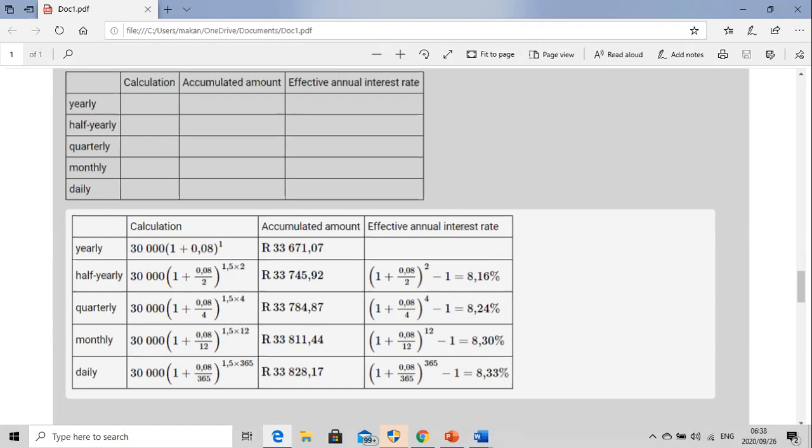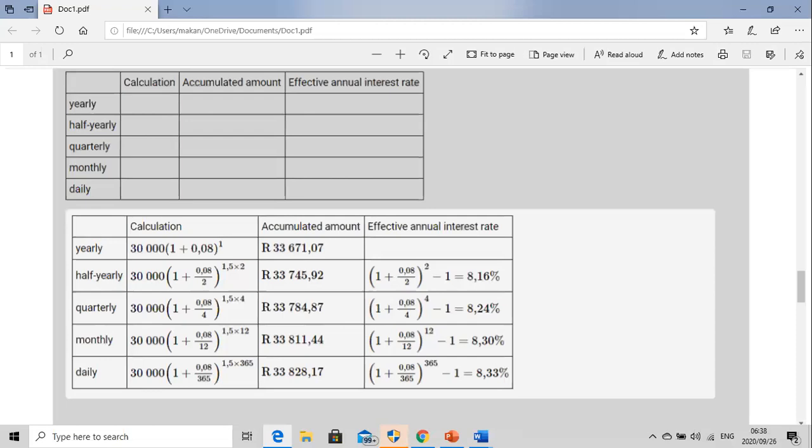Once again, you can do it monthly. Now, if you do it monthly, I've already said to you there are 12 months in a year. So in this case, you'll multiply 1.5 by the 12 months in the exponent, because 1.5, as you know, stands for the 18 months, which is now converted to years.